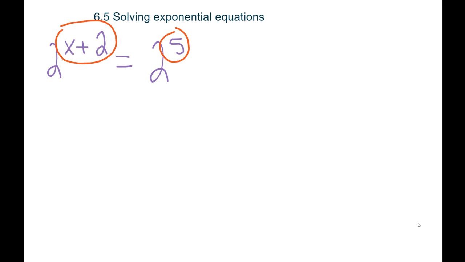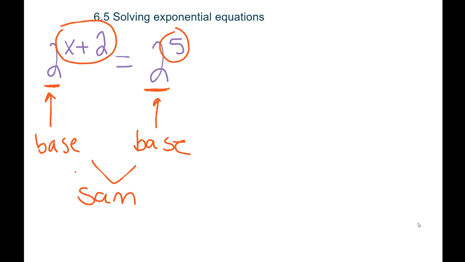So what you can do, and these first ones are actually going to be much easier because they have the same base. Do you see how if these are both 2's, if they have the exact same base, then all you have to do is take the exponents and make them equal each other.